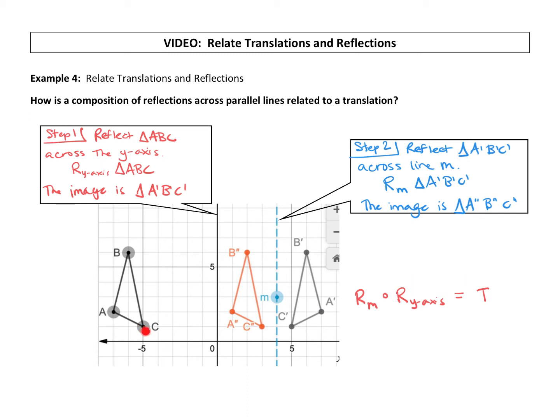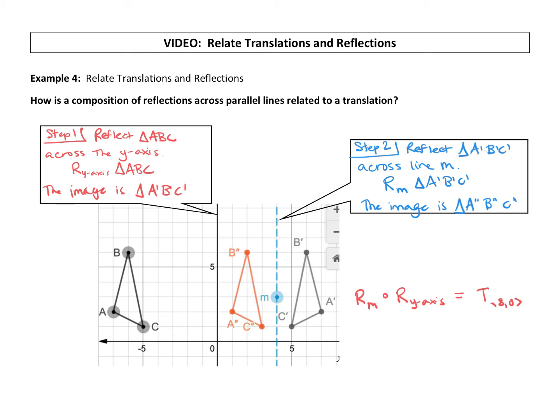The translation went to the right 8 units, so your change in X is 8. You didn't go up or down at all, so the change in Y is 0. Actually, I missed writing what we are actually reflecting.